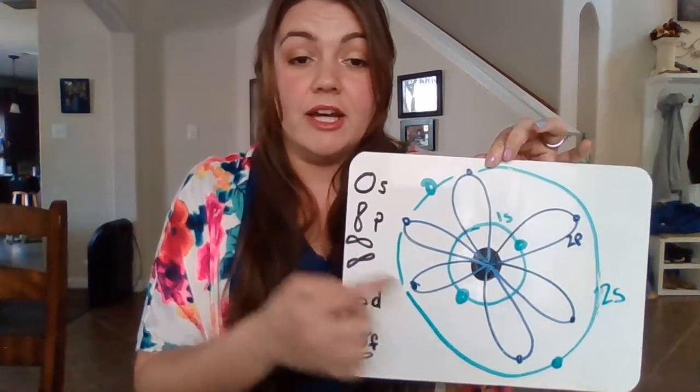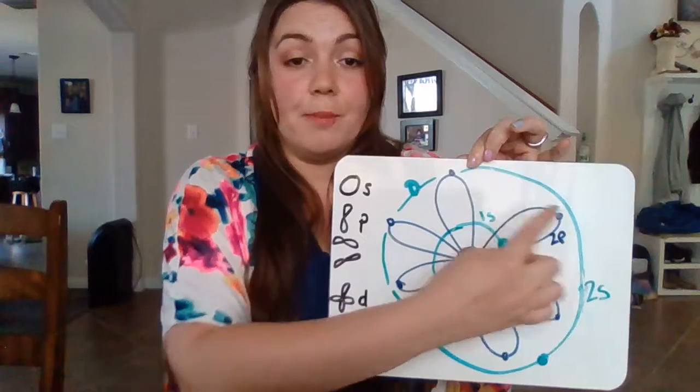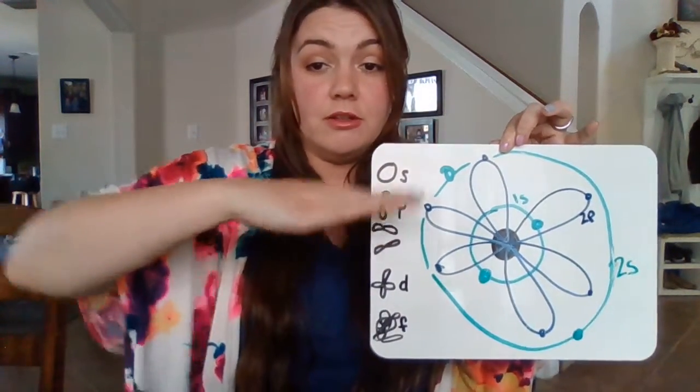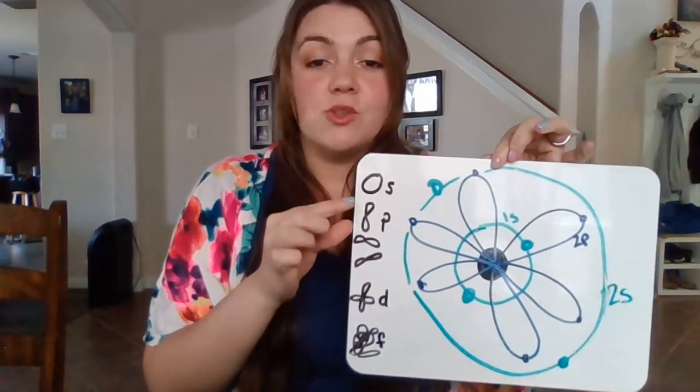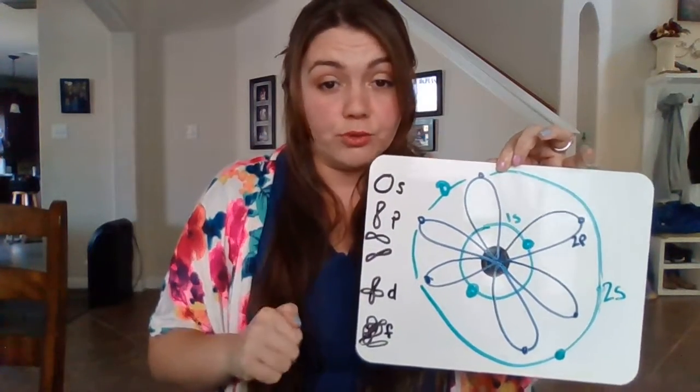It looks kind of like a peanut, and that's what these are. Now, the peanut shape, or the p orbital, comes in 3 different ways. In the x plane, the y plane, and the z plane, coming out at you, okay? So it comes in 3 different ways to turn the peanut, so it has 3 different orbitals.